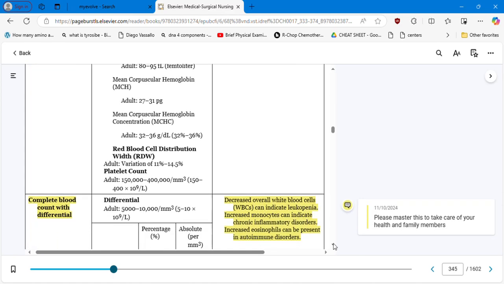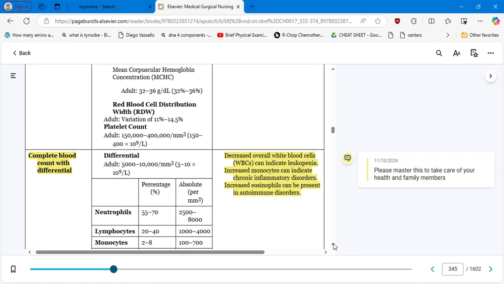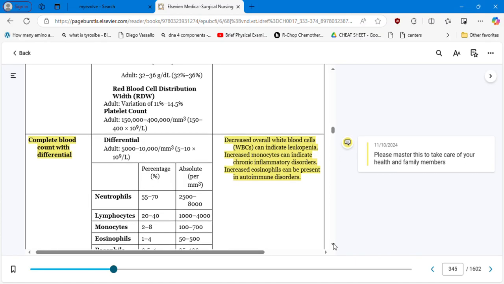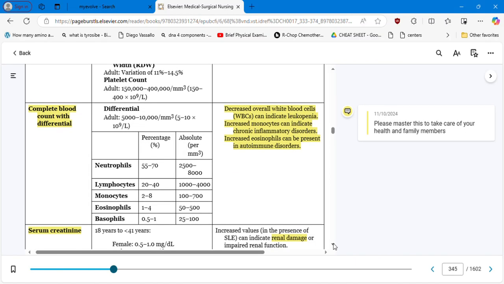Very important. Also, the doctor is going to order a CBC with differential, right? And we are going to be able to compare your neutrophils, lymphocytes, monocytes. Do you remember I told you the mnemonic, nurse love to monitor? So there you go.